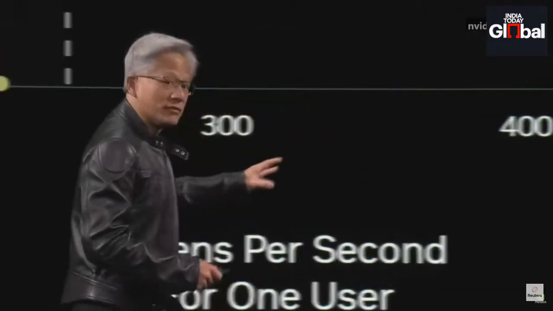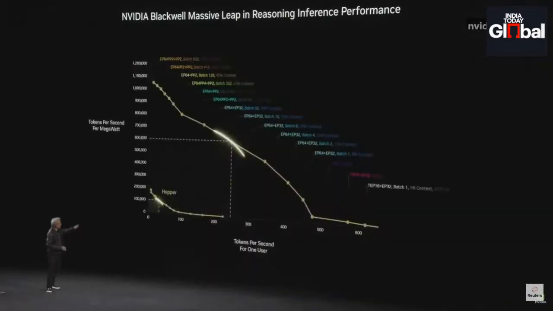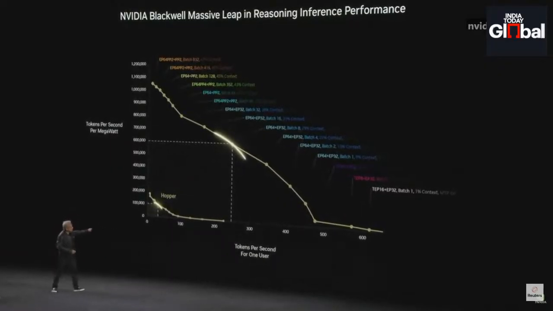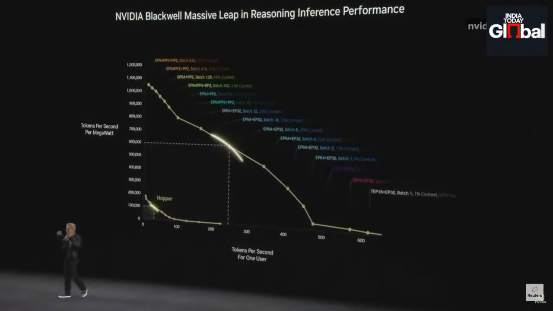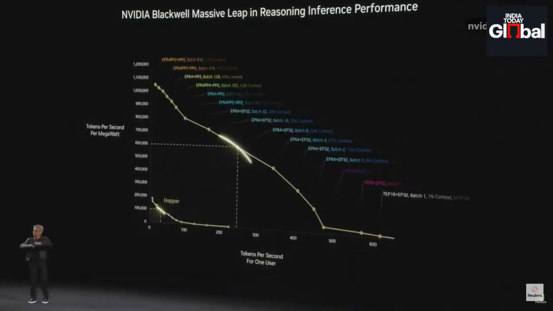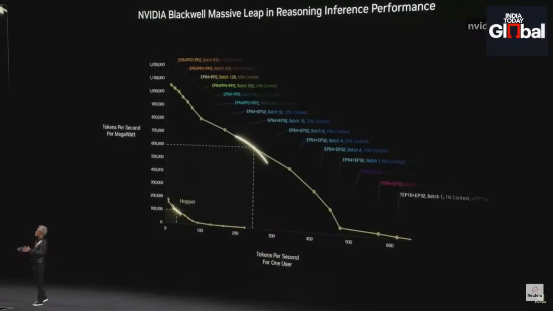And what netted result, NVLink 72, Blackwell's architecture, resulted in a giant leap in performance. The way to read this is the x-axis is how fast it's thinking. The y-axis is how much the factory can output supporting a whole bunch of users at one time.